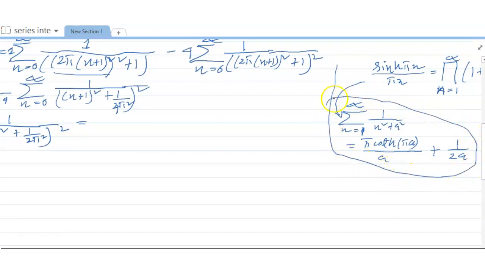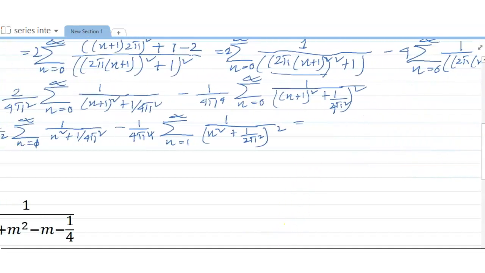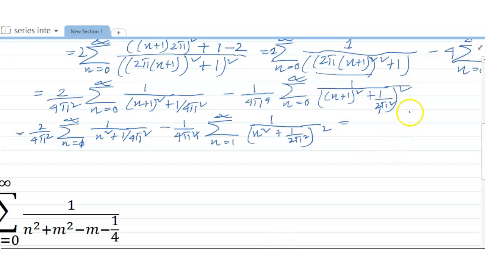According to this formula, whatever I get, friends, I get 1 by 2 pi square minus pi into coth pi divided by 2 pi divided by 2 into 1 by 2 pi.